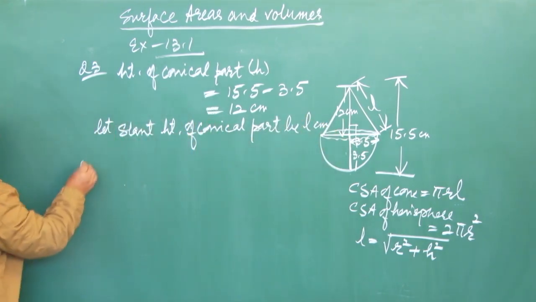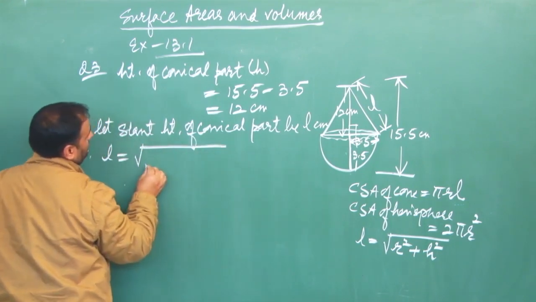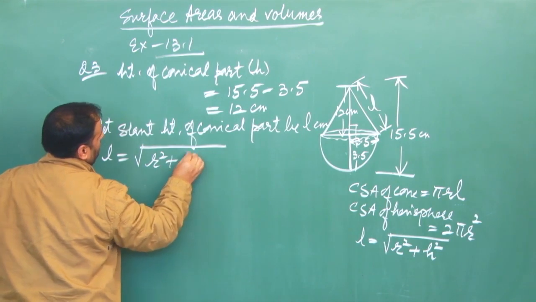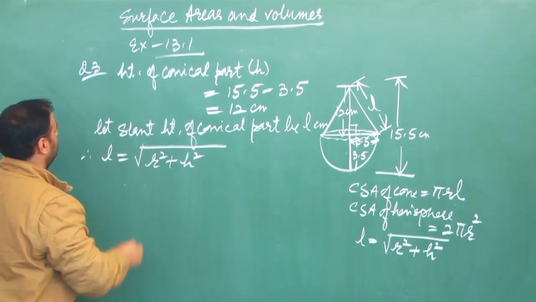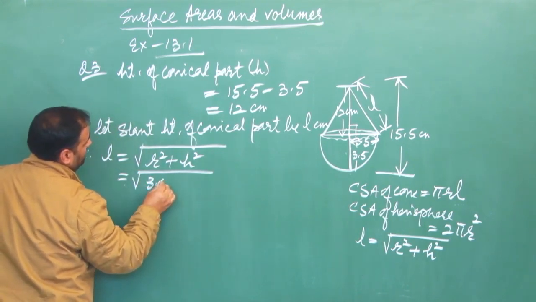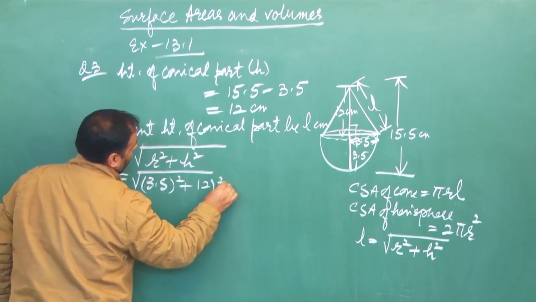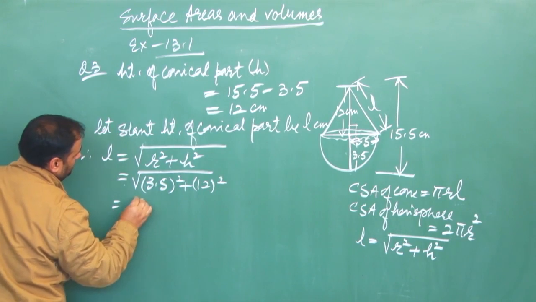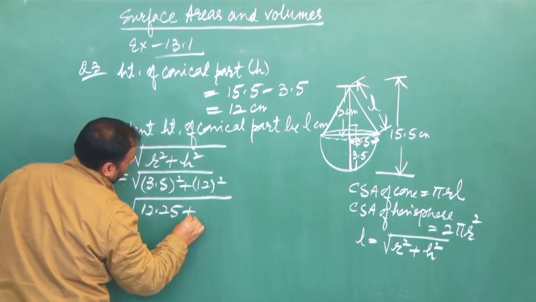In order to find the slant height, we calculate the radius square plus the height square under a square root. The radius is 3.5 whole square, and the height is 12 whole square. It becomes 12.25 and 144.